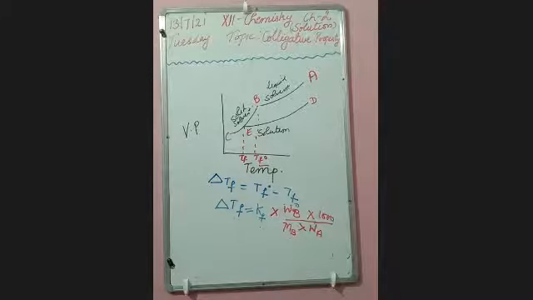So this mixture melts the ice and does not allow the ice to solidify. So the roads will be clean. This is the role of depression in freezing point.